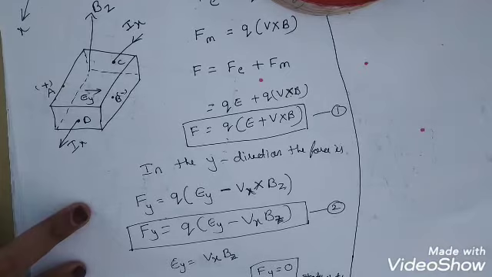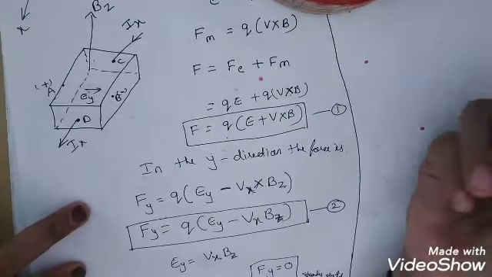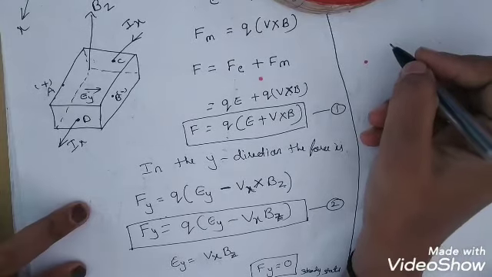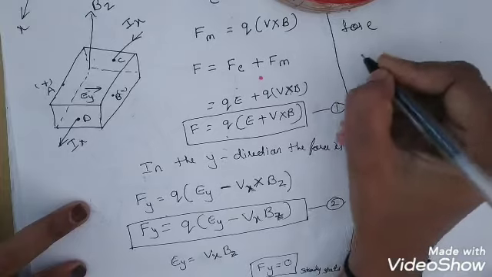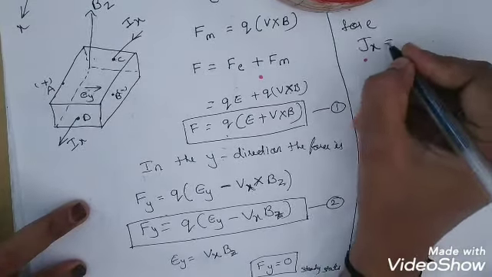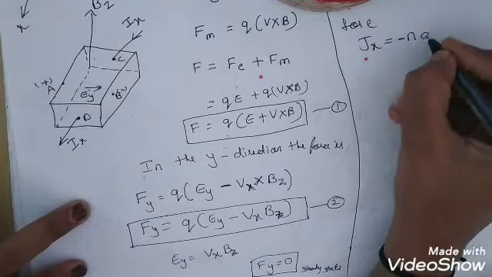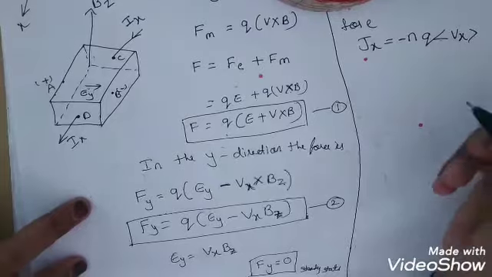Now if we consider the current density, which we derived in earlier classes, for electrons the current density in the X direction is minus n q times the average velocity, as we derived earlier.